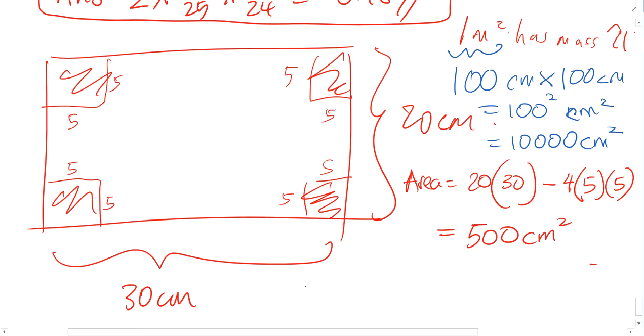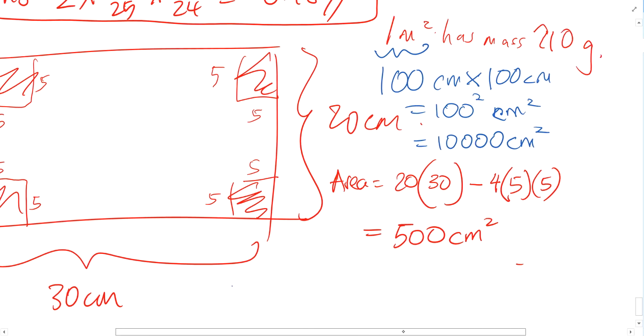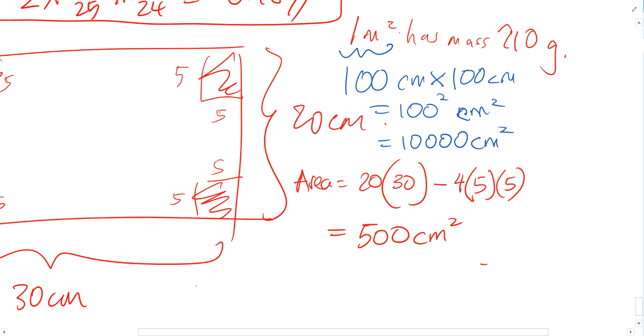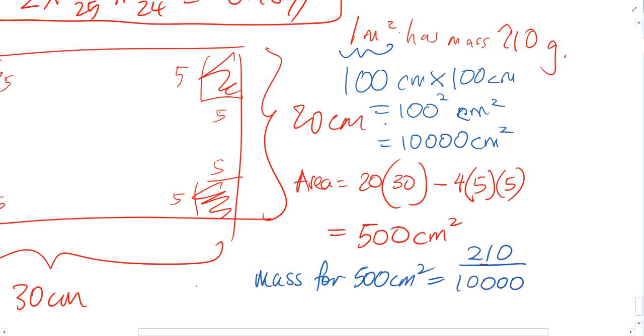If 10,000 square centimeters has a mass of 210 grams, 500 square centimeters must have a mass equal to 210 divided by 10,000 times 500 to give us 10.5 grams.